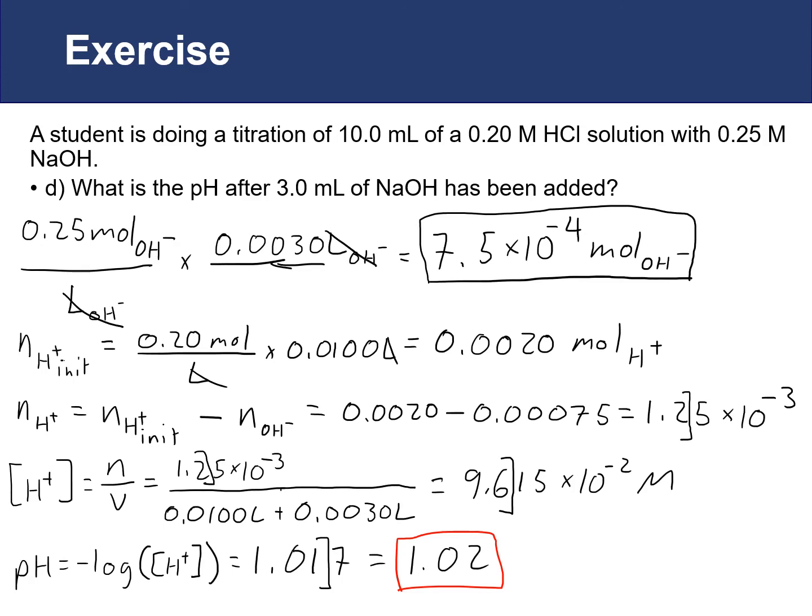You can always go from pOH to pH by taking the pKw, which is 14, minus the pOH is equal to the pH. So if we were doing a strong base, strong acid titration, we would first calculate the pOH, and then 14 minus the number that we calculate gives us the pH.